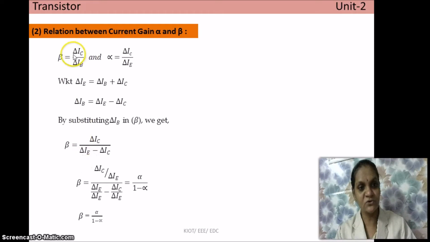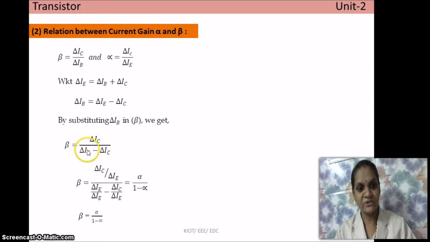So beta, we know, is del IC by del IB. What can I substitute here? So del IE minus del IC in the denominator. And I am dividing the numerator and denominator by del IE, or otherwise I am taking del IE outside.